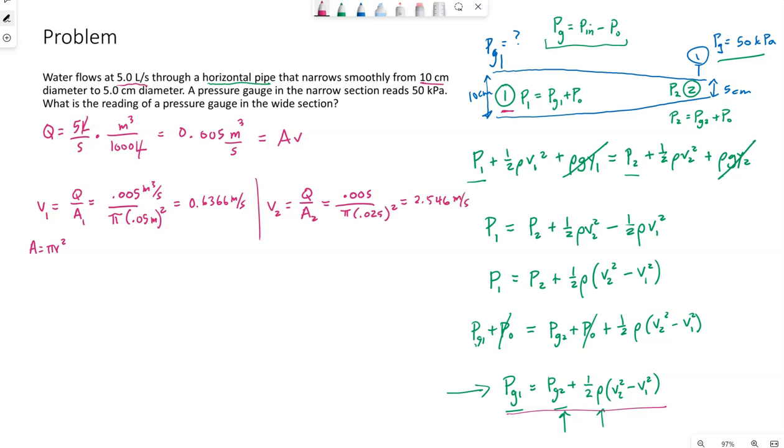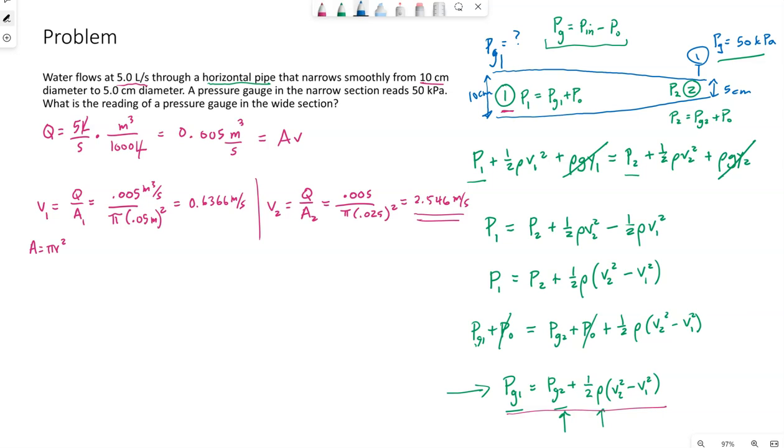This will be in meters per second as well, for the same reason. Notice it's traveling quite a bit faster at point 2. And that's because the pipe has narrowed. As the pipe narrows, the speed increases.